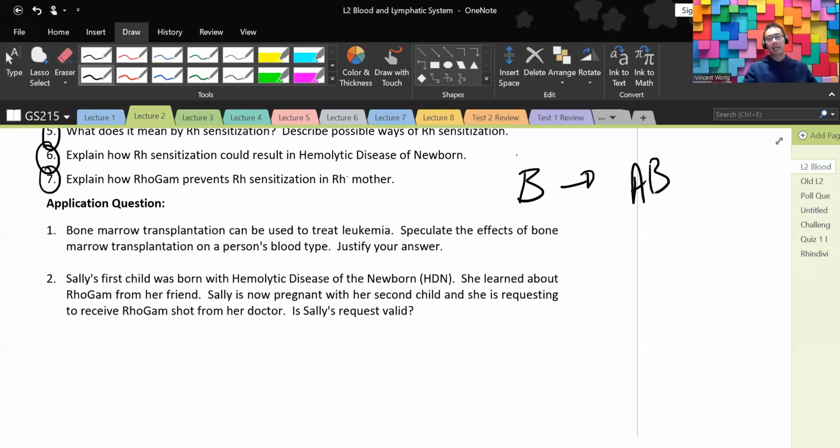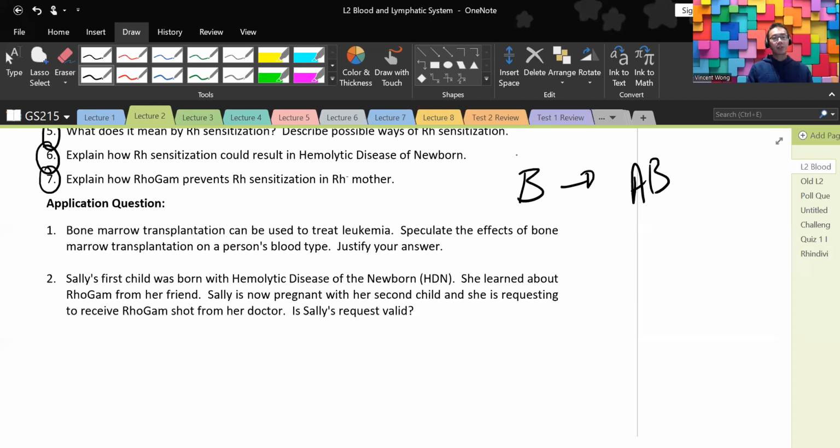So in that respect, it's possible for the blood type to change after bone marrow transplantation. I actually had a student 6-7 years ago, I think. She told me she had leukemia when she was younger, and after receiving the transplantation, her blood type actually did change. So it's a common thing.